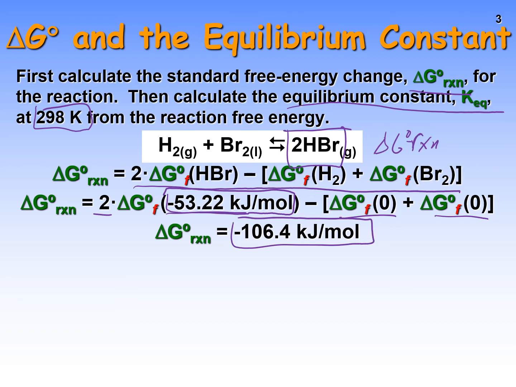I can now take this and plug it into the equation we learned on the previous slide, that delta G naught of my reaction is equal to negative RT ln of KEQ. And these two I both know, and I can solve for that one because I know this value.